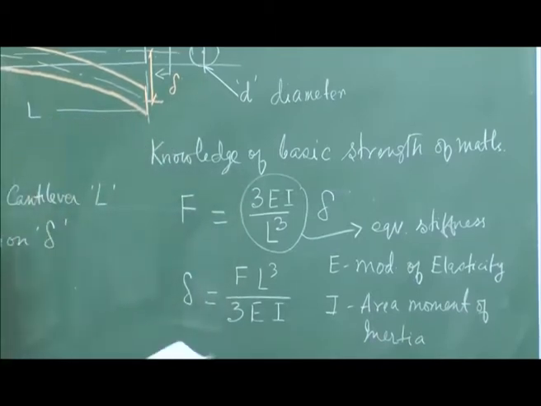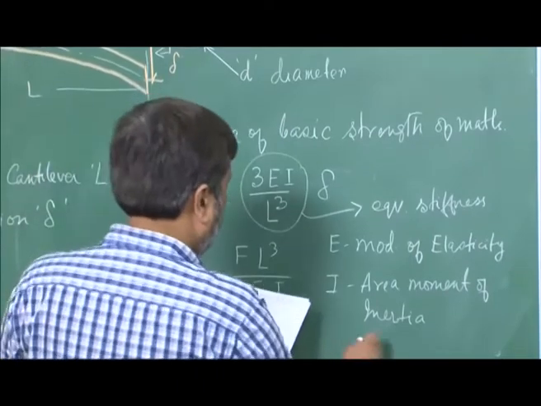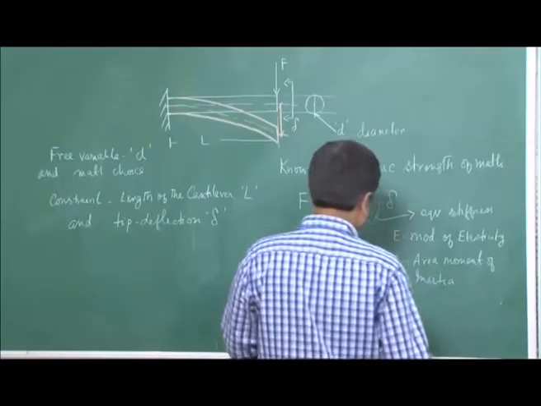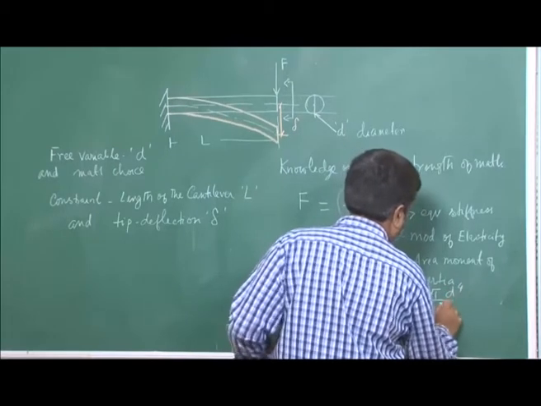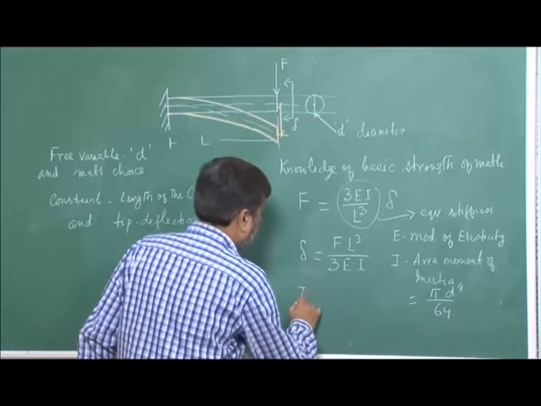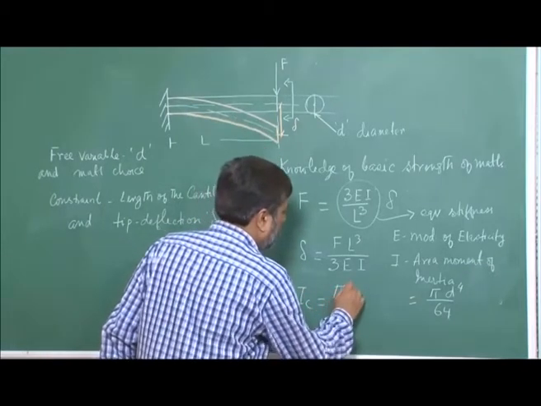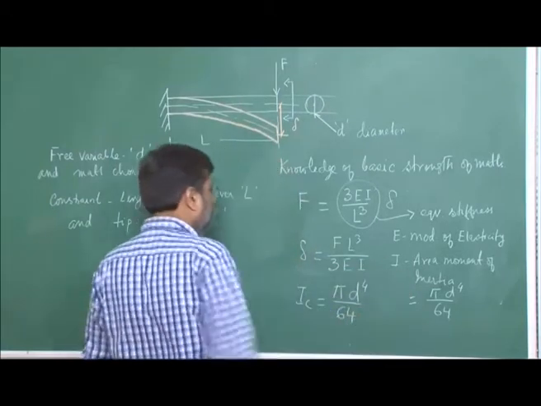For a circular cross section, I is pi d to the power 4 over 64.